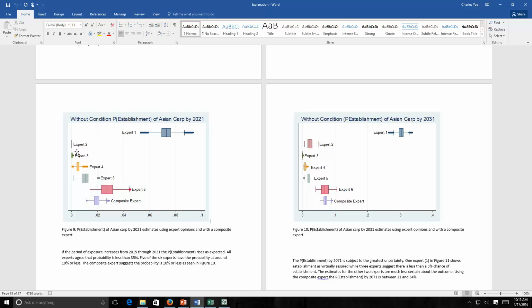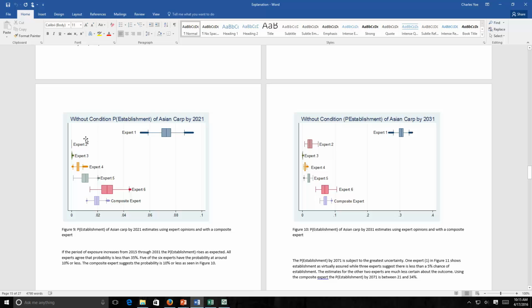This expert said there was no chance of establishment by 2021. If we take expert 4, you can see there's more spread on the upper values than on the lower values, but the overall spread is far less than expert 1 had.